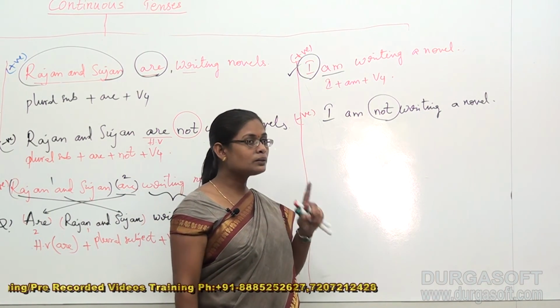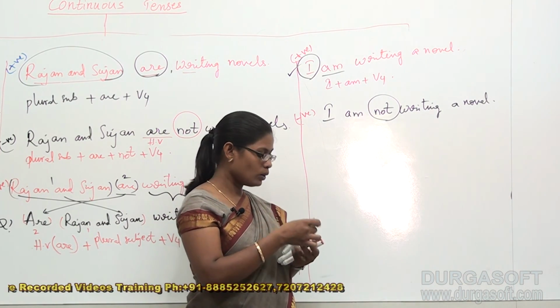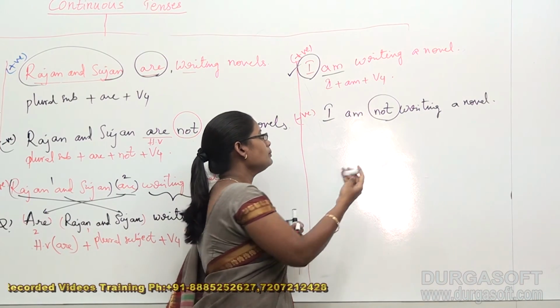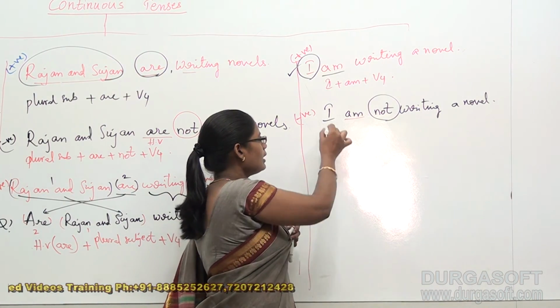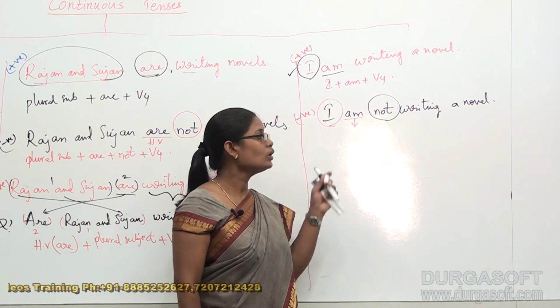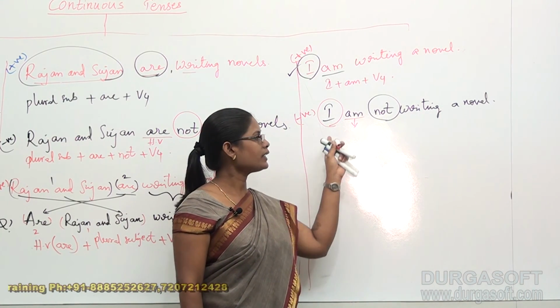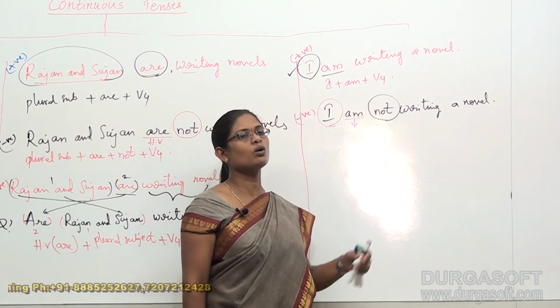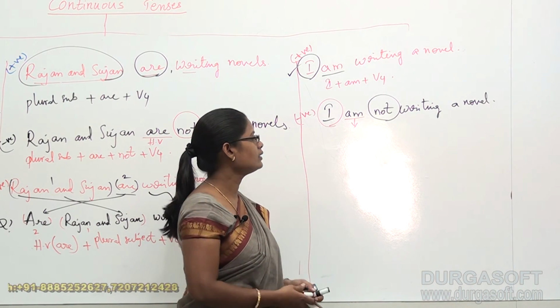So where that "not" is provided, be careful, that "not" has to be provided only after the helping verb that is mentioned. According to my sentence, my helping verb is "am" here. So "not" is provided immediately after "am". So I can say that I am not writing a novel. Finally it becomes a negative sentence.